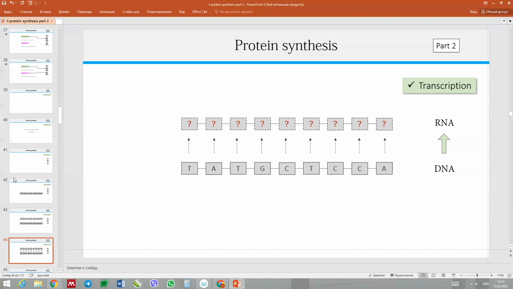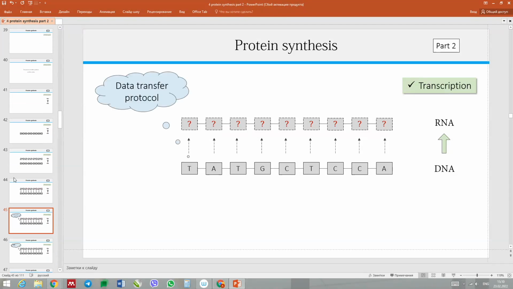For some proteins, this may lead to dramatic consequences for the health of the patient if some proteins are produced in a not normal, not functional way. So what is the data transfer protocol that has to be used when we want to transfer information from DNA to RNA?